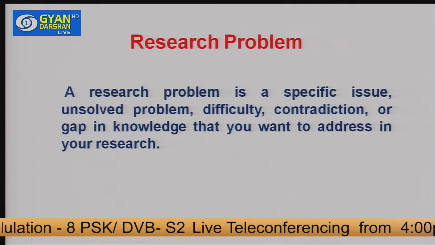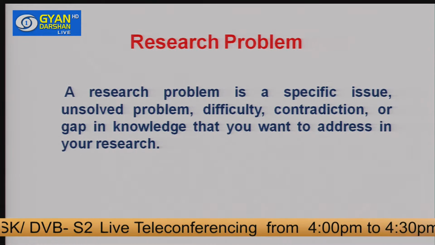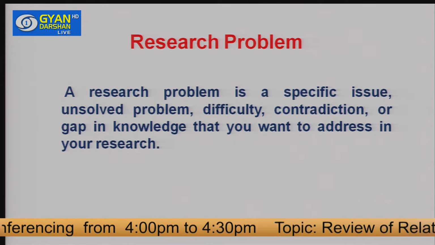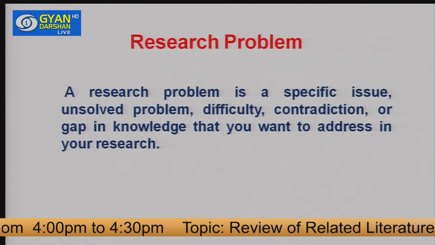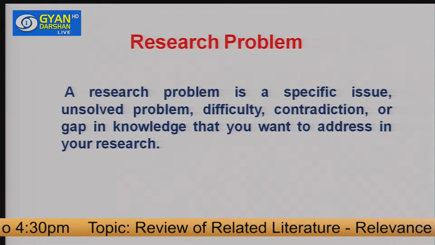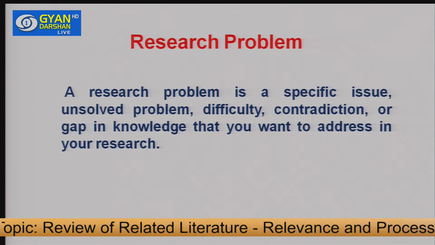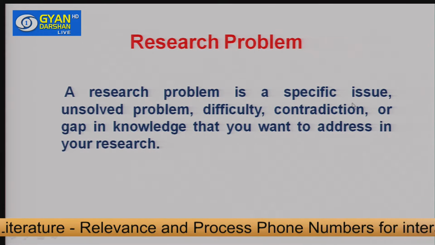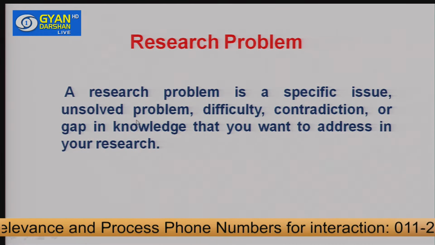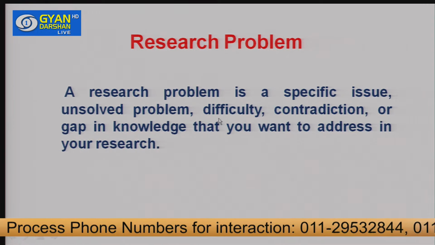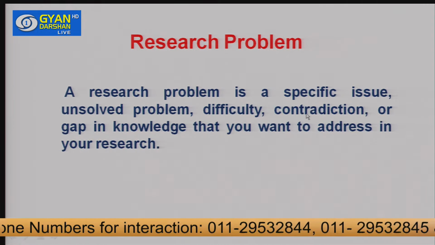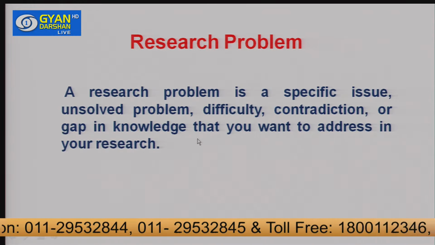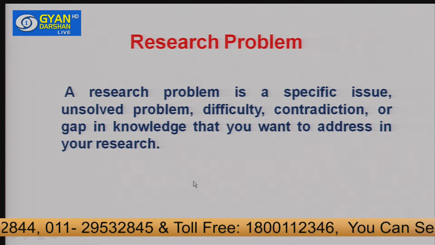Friends, let us start our discussion by understanding a research problem and how a research problem is linked with, associated with the review of related literature. The concept of a research problem is that it is a specific issue or unsolved problem or a type of difficulty or certain contradiction or a gap in knowledge that you want to address in your research.